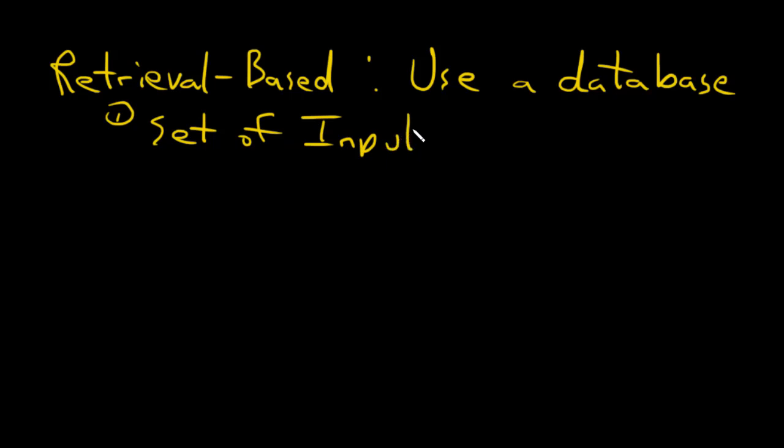A retrieval-based chatbot will take a user's input and attempt to match it versus the set of inputs inside its database. Then if it finds a match, it outputs one of the set of outputs.